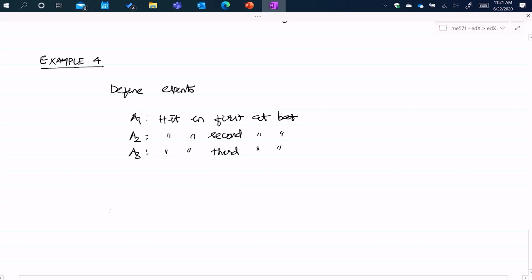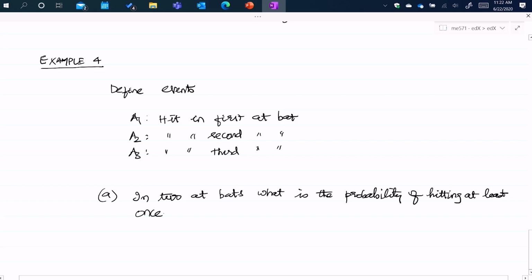Now what we seek in question A is the probability that in 2 at-bats, the player hits at least once. In order to compute this, we need to know the probability of each of these events. Probability of A1: on average, the player is able to hit with a probability of 0.300. Each of these at-bats is an independent event.